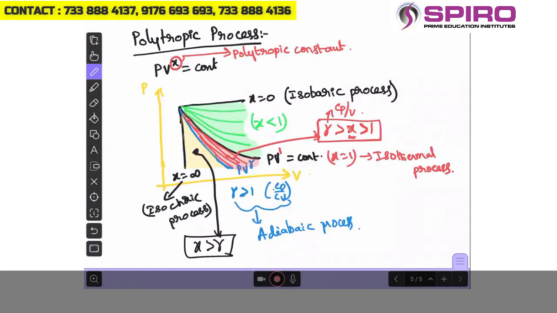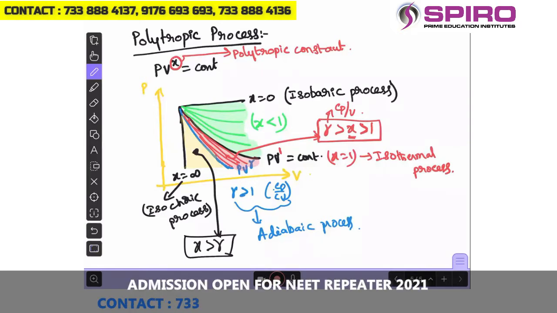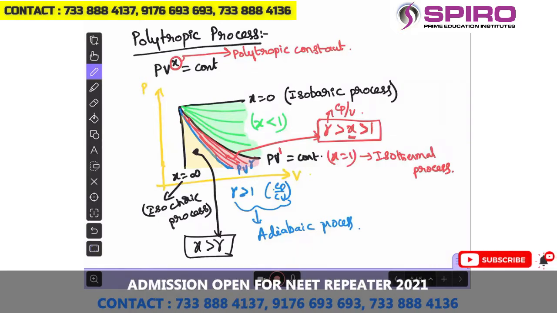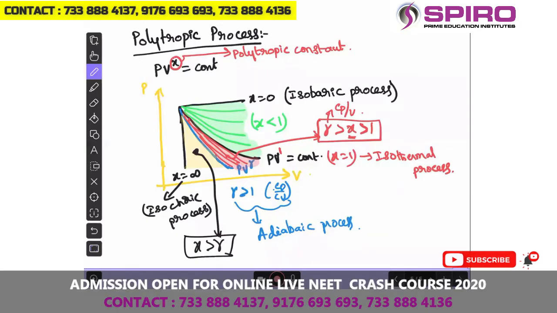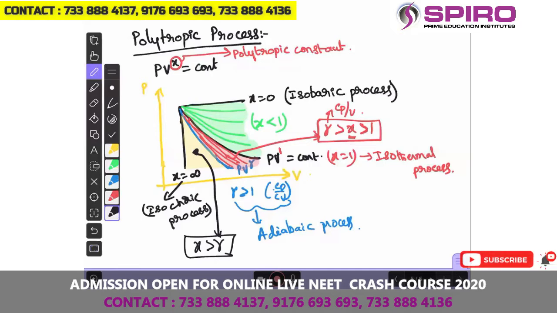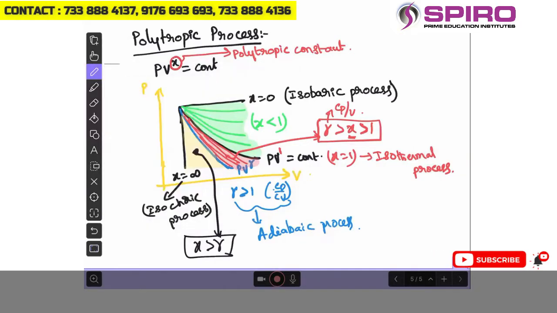And now let us go for the specific heat of polytropic process. How do you calculate the specific heat of polytropic process? We have seen the specific heat for isobaric process, isothermal process, and isochoric process. All those specific heats in the significant processes I will specify here in the graph itself.